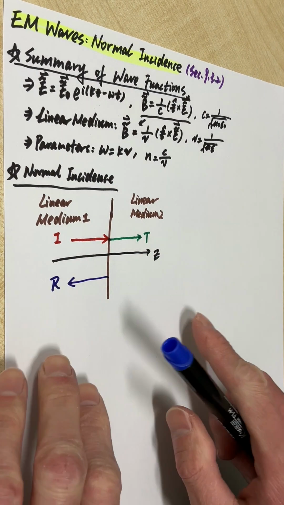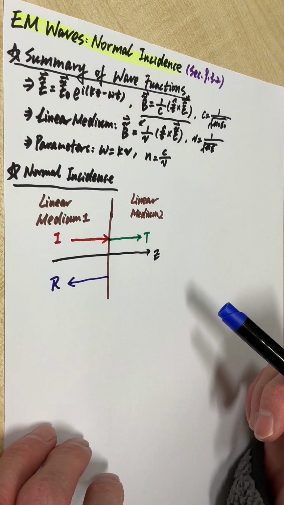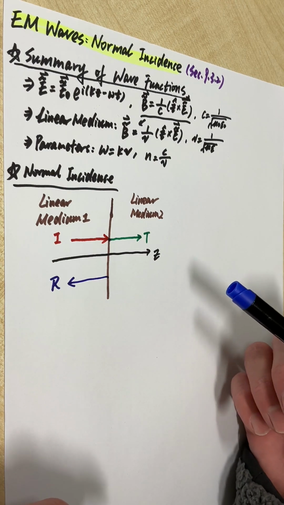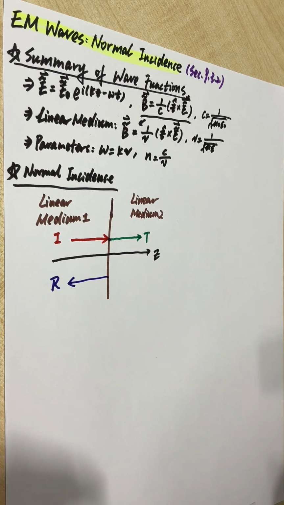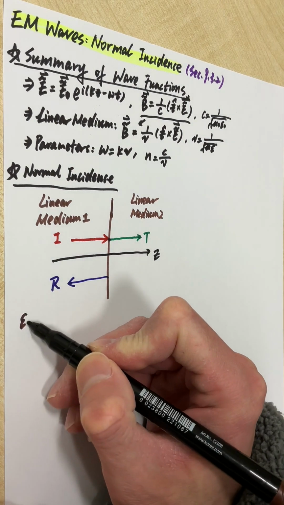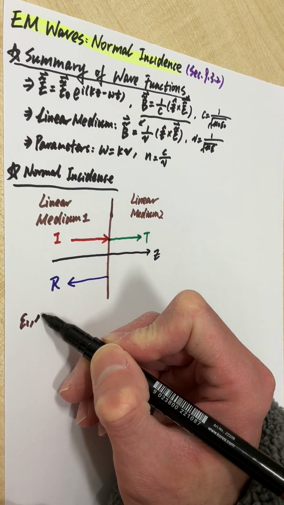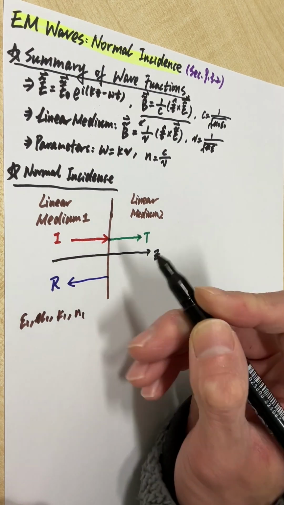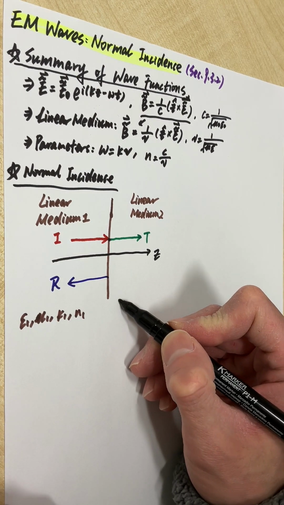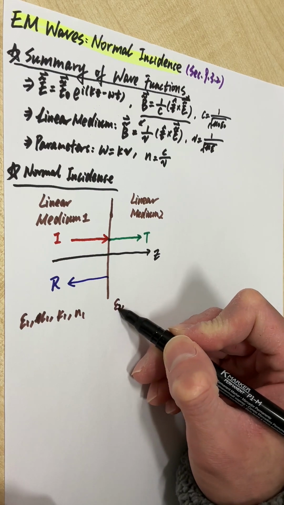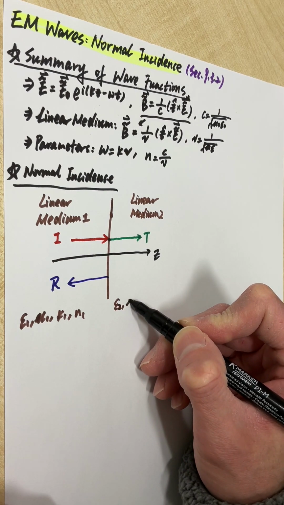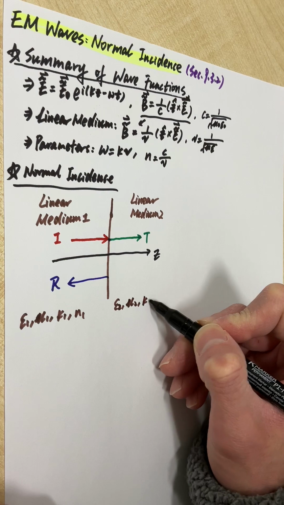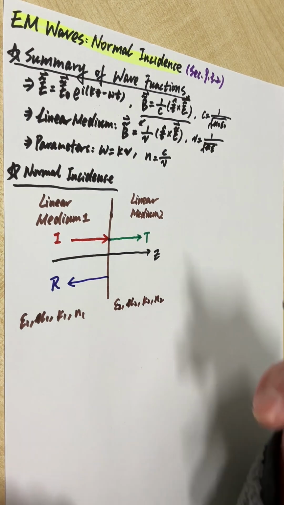For the two media, basically they have different permittivity, permeability, wave number, and index of refraction. So you have epsilon 1, mu 1, kappa 1, and n1 on one side, and epsilon 2, mu 2, kappa 2, n2 on the other side.